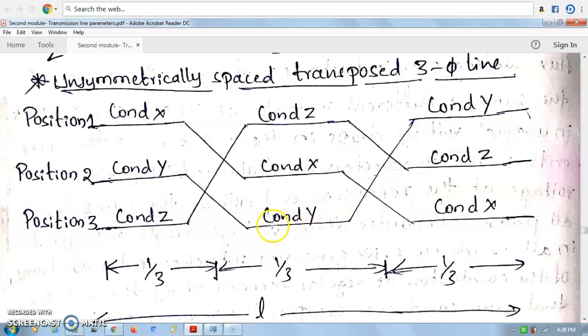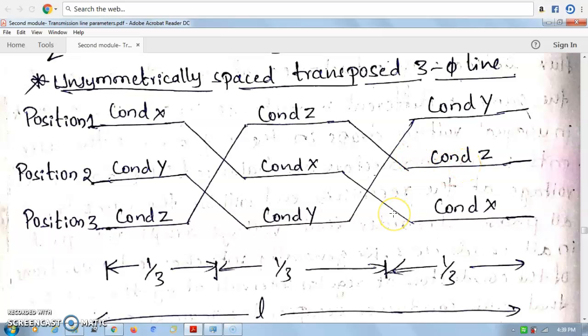So the average is of the first, second, third positions all together. Also the z conductor is in the third position, next shifted to the first position, next shifted to the second position. The average flux of conductor z is the summation of the third position, first position, second position flux. The average again gives first, second, third positions.